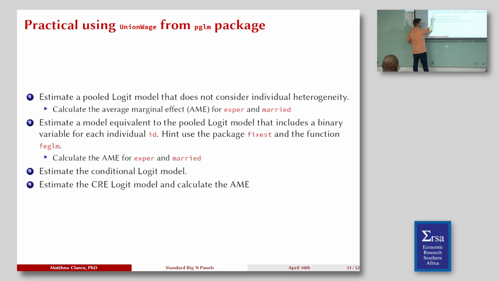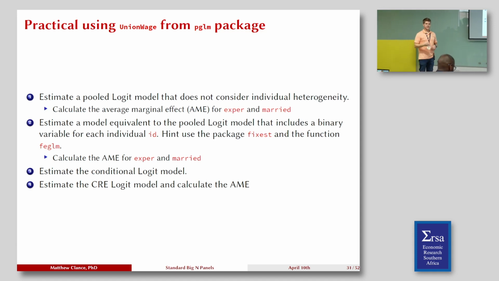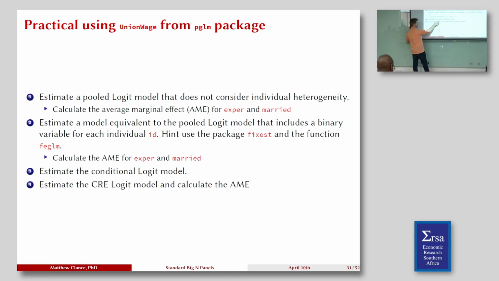So remember, as long as our dummy variables are calculated, we can calculate a marginal effect. But whether we're getting bias in there, we're not so sure, right? If it is, it can be problematic. Then we could also estimate the conditional Logit model, and in that case we couldn't really do the marginal effects, and then we could estimate the CRE model.